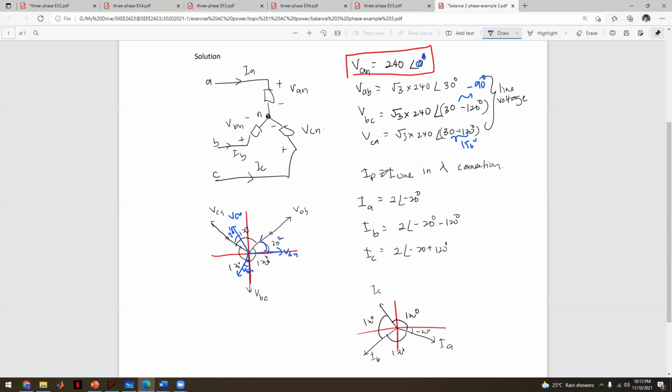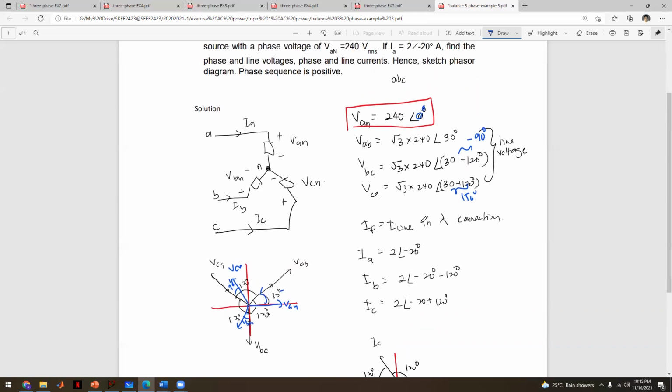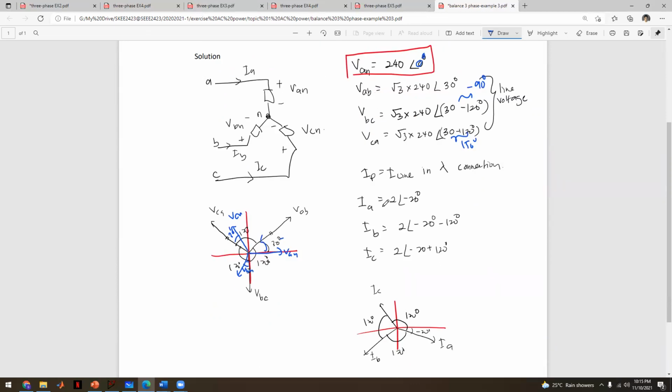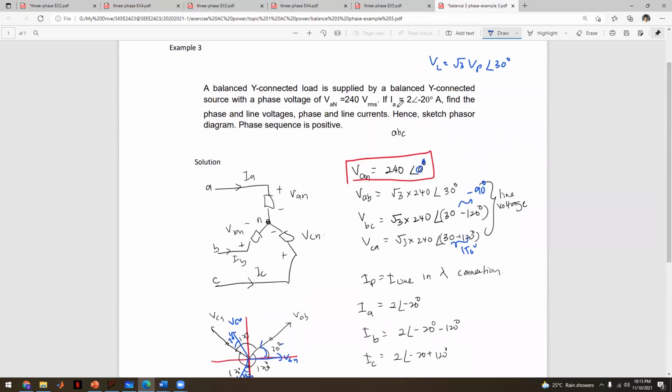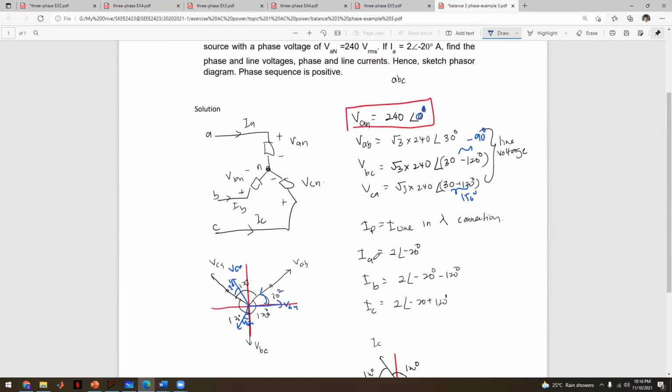For the line current, for Y connection, the line current and phase current are actually the same, so from that we can just calculate the current. IA is your V phase over the load, with magnitude 2 and angle negative 20 degrees.